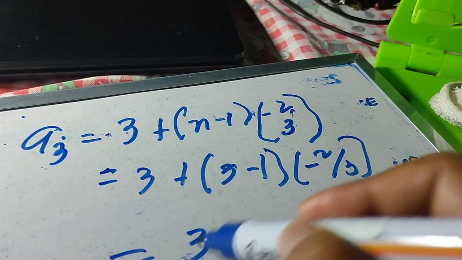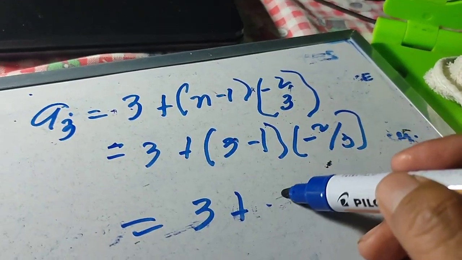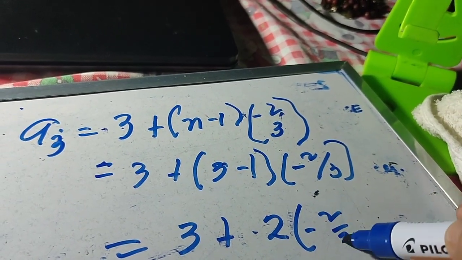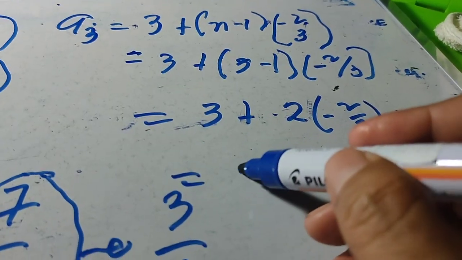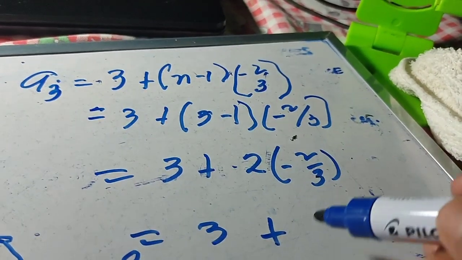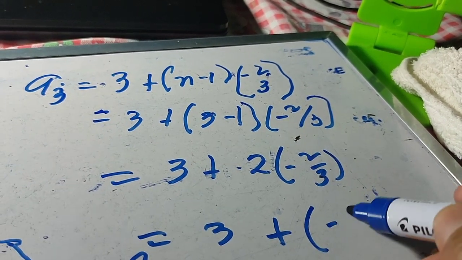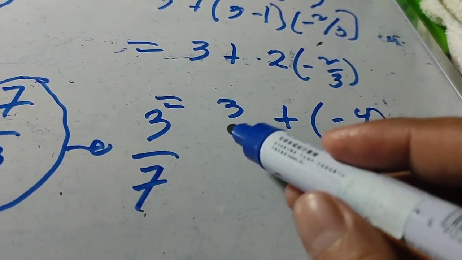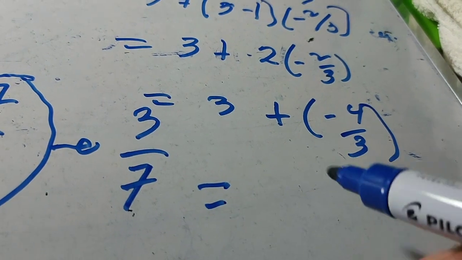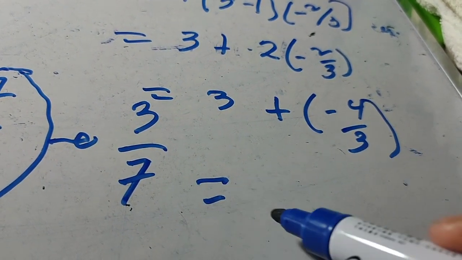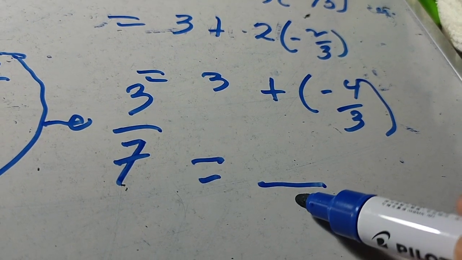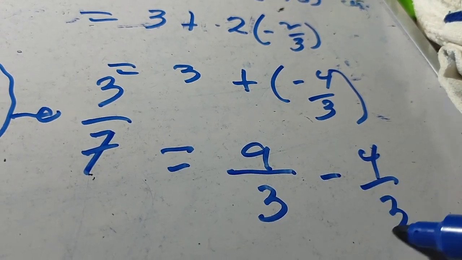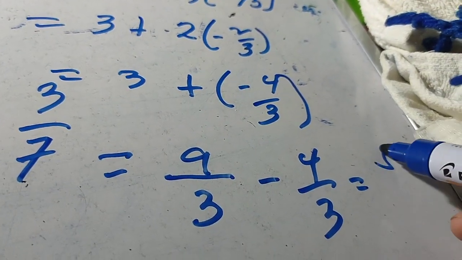So our answer is 3 plus 2 times negative 2/3. So our answer here is 3 plus 2 times negative 2 is negative 4 over 3. So again, the fraction for 3 that will have a denominator of 3 to make it similar fraction. So that is 9 over 3 minus 4 over 3. So what is 9 minus 4? That is 5 over 3.